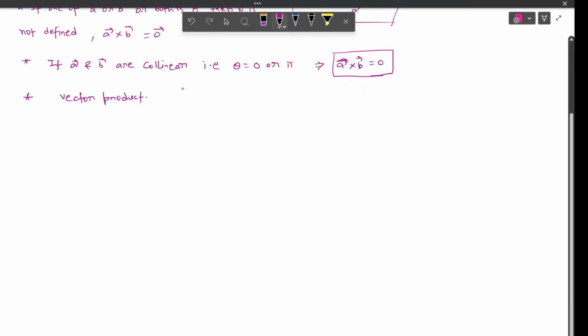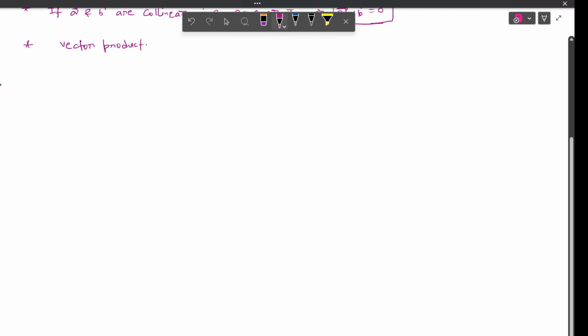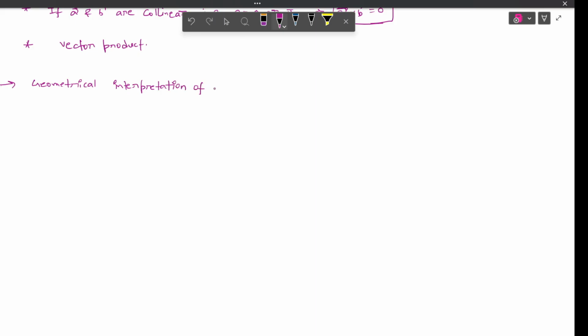Next, if you want to see the geometrical interpretation of vector product, let us see one diagram where A vector and B vector constitute the sides of a parallelogram.